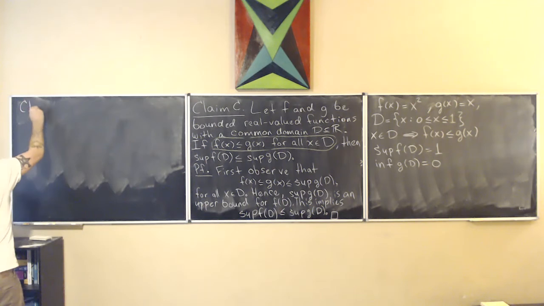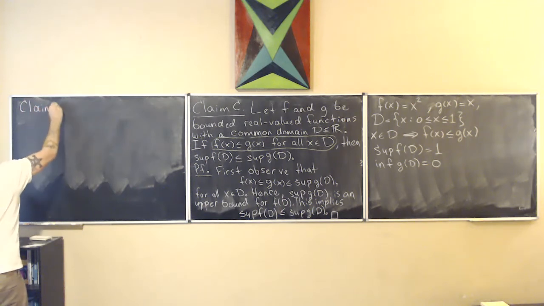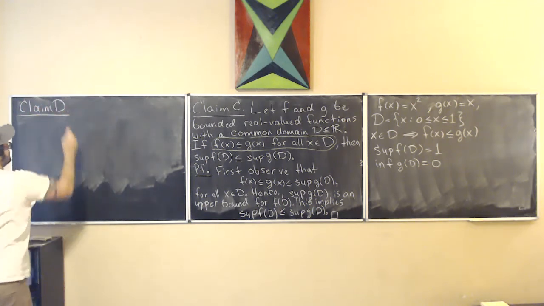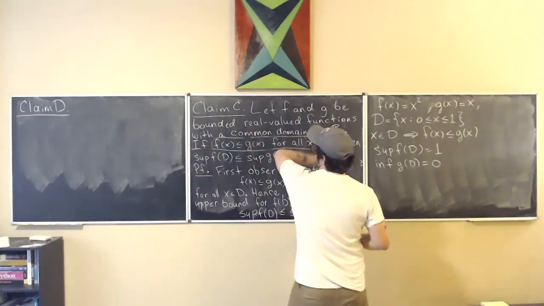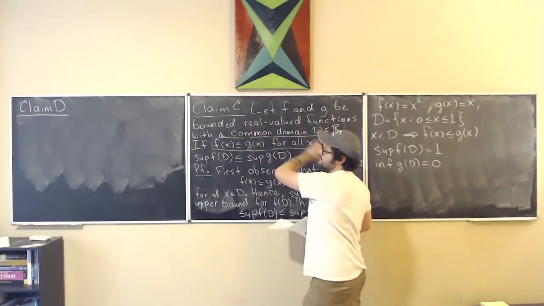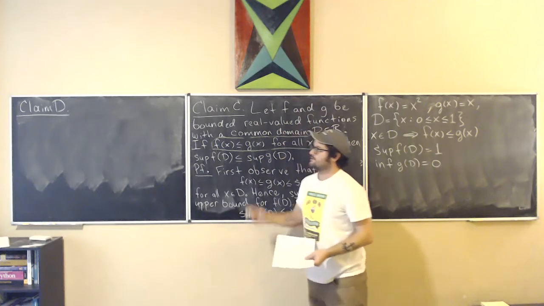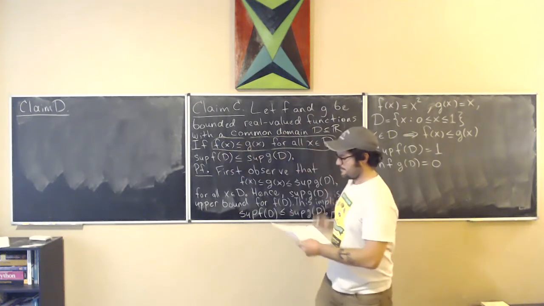So, in D, and these functions f and g are both bounded real-valued functions with some common domain. The only thing that's going to change in this claim is what I write here.